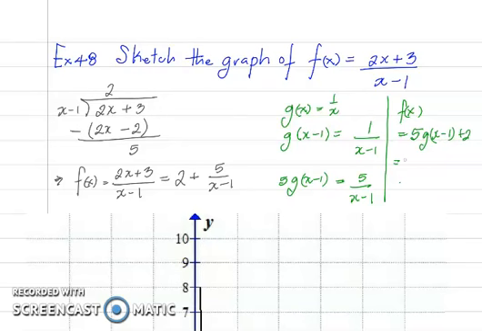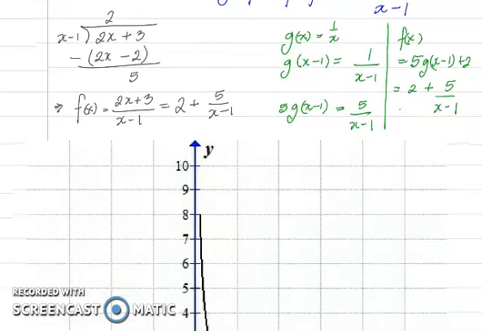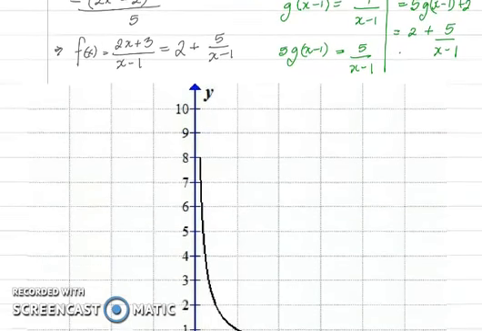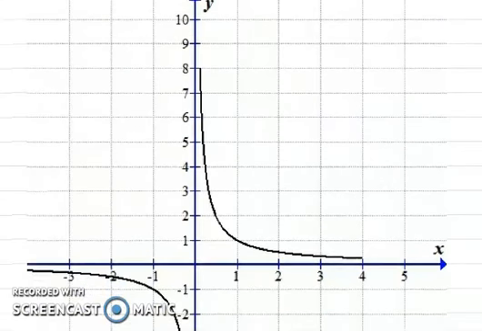In other words, this is going to be 2 plus 5 over x minus 1. So the sequence of transformations would be that first, I'd have to move the entire graph, the graph of y is equal to 1 over x, 1 unit to the right.